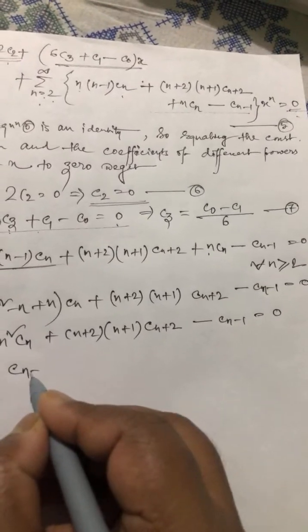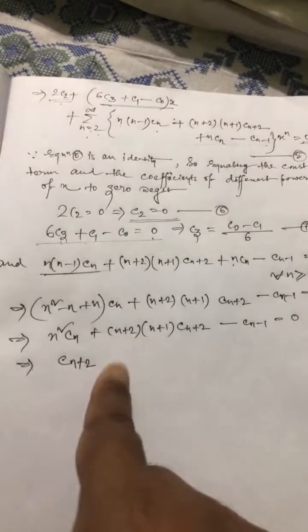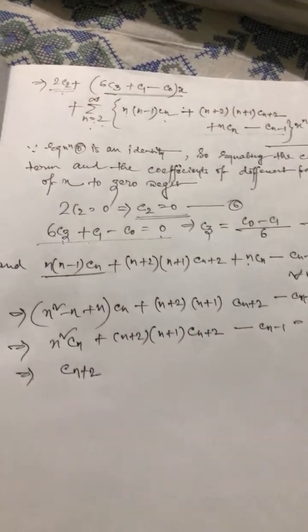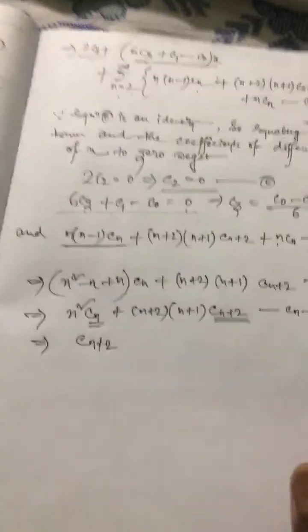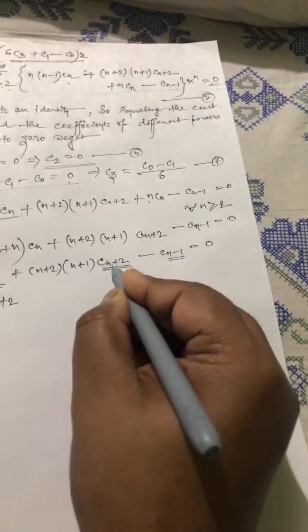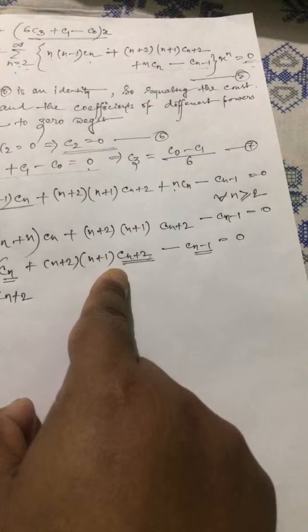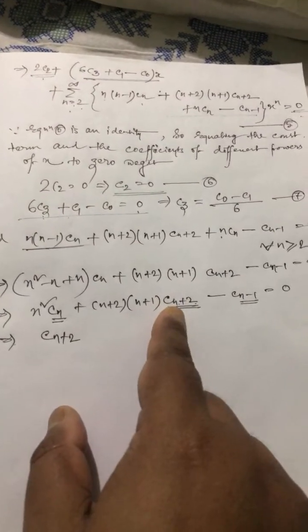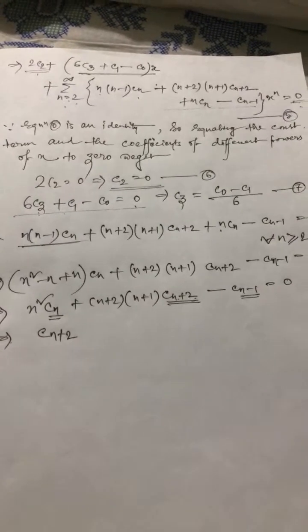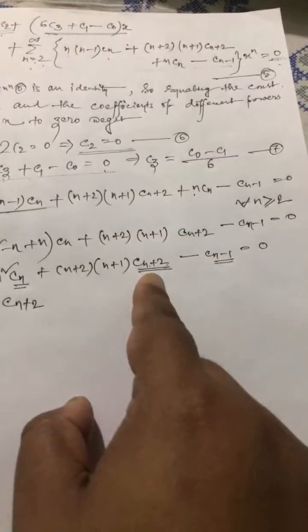So let us try to find out cn plus 2. Now again you may ask, why should we consider cn plus 2 here? Because here try to identify the largest possible suffix. Here you have n, here you have n minus 1, and here you have n plus 2. So technically the largest possible suffix is n plus 2 in this case. So always try to find the constant in terms of the largest possible suffix.